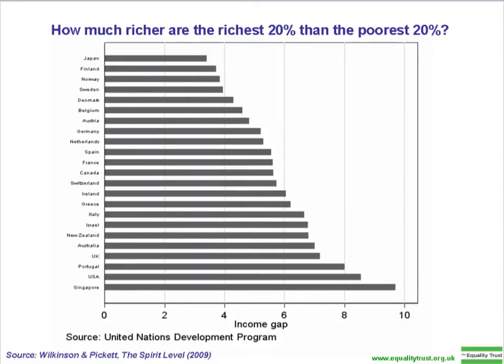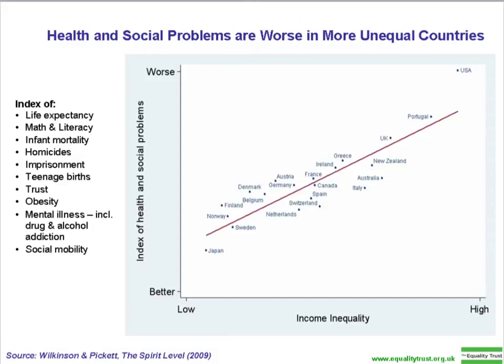In The Spirit Level, Wilkinson and Pickett compile an index of health and social problems, which we can see over here. These tend to be the types of things that worry people within society, and that undermine either their health or their happiness and sense of well-being.